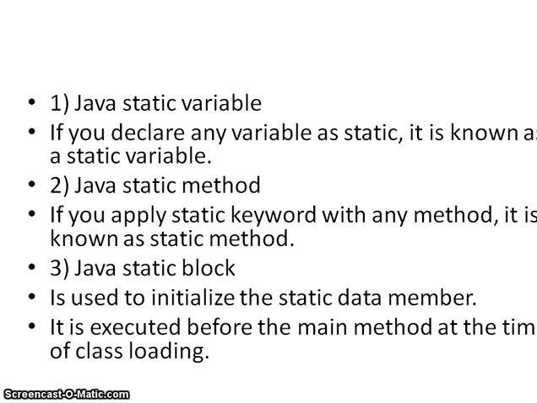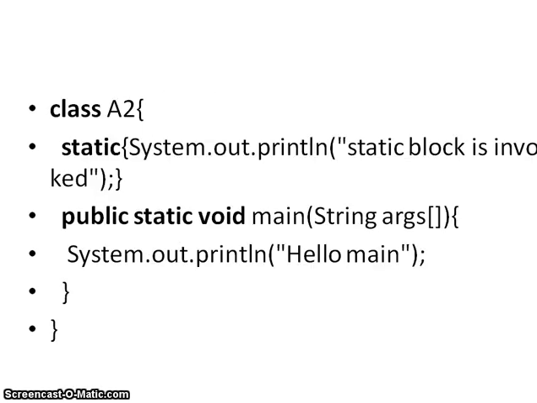It is executed before the main method, at the time of class loading. Let's see one example. Class A2 has a static block. In the curly braces, I am printing a value: static block is invoked.